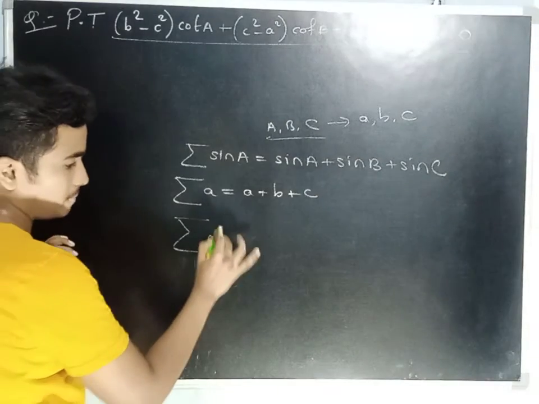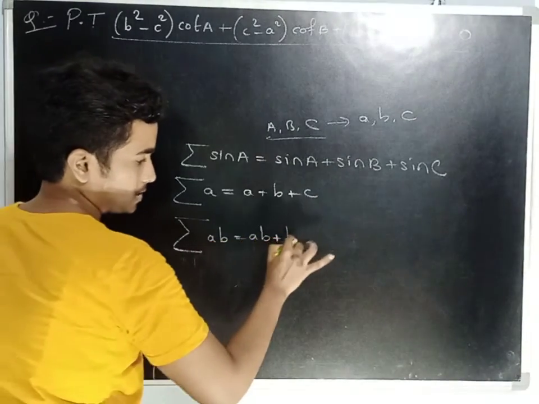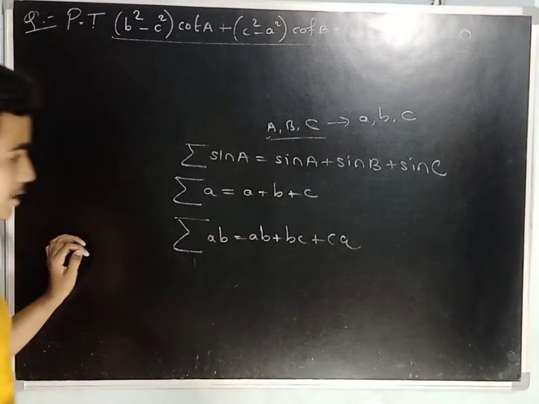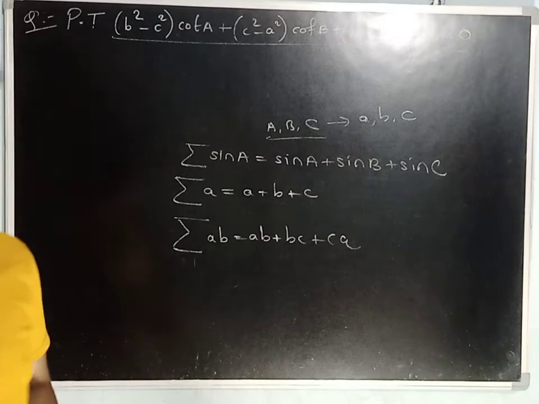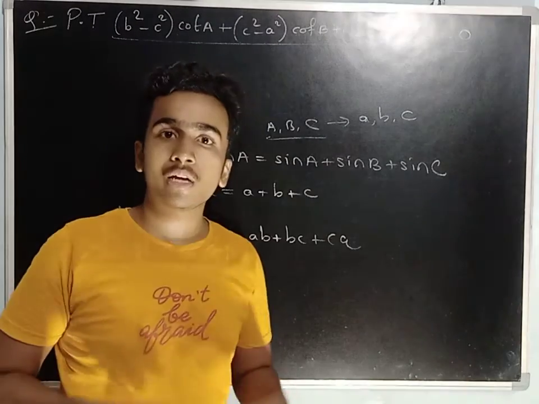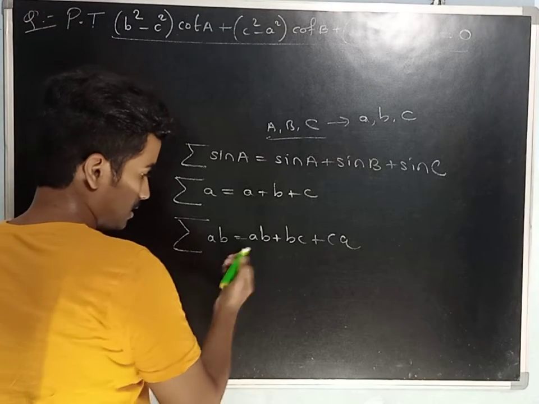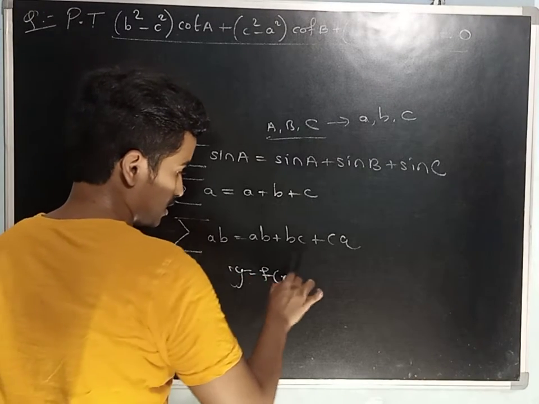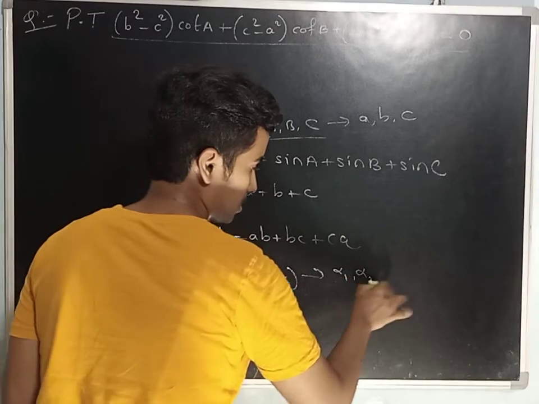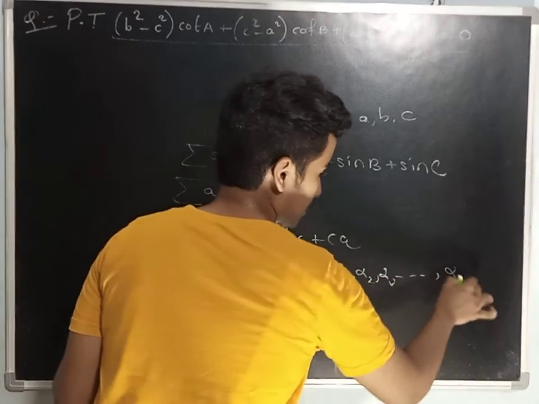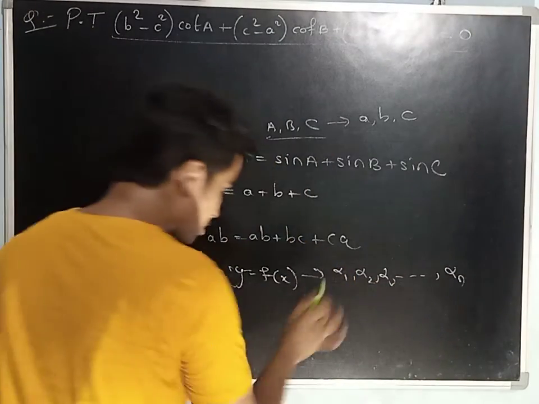Similarly, sigma ab is equal to ab plus bc plus ca. You might have known about these notations; you might have used them in polynomials. Suppose y is equal to f of x is an equation. There alpha 1, alpha 2, alpha 3, and so on, alpha n are the roots of this equation.